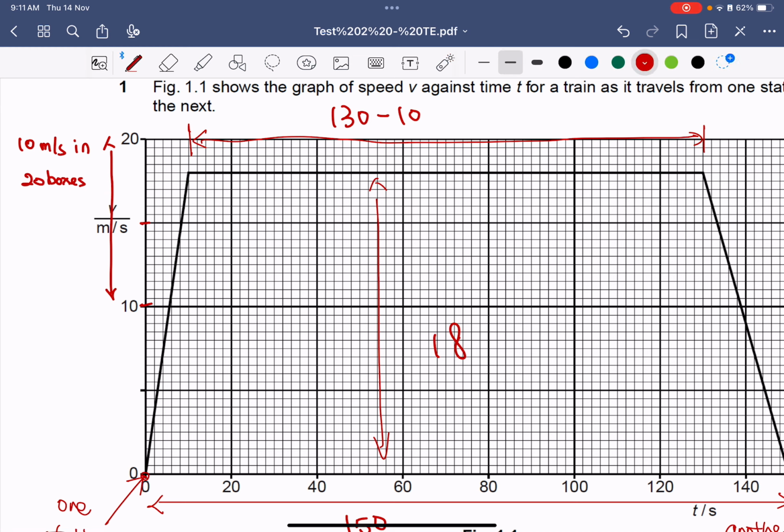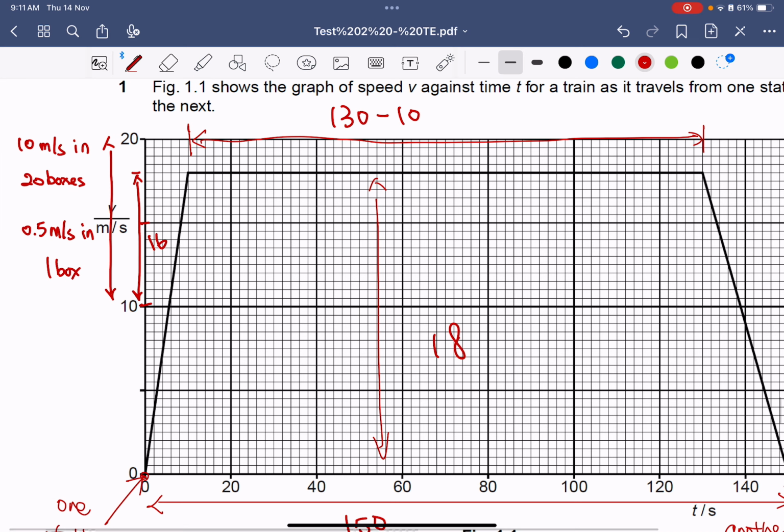So in other words, I will have 0.5 meter per second in one box. You count from here to here. How many boxes are there? There will be 16 boxes. That means it's 8 meter per second here. So therefore here is 18 meter per second.